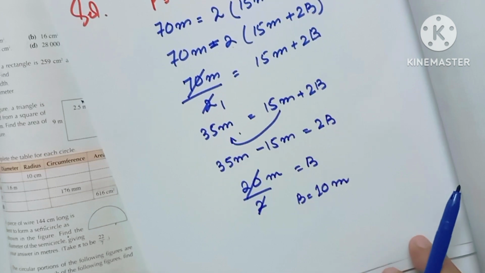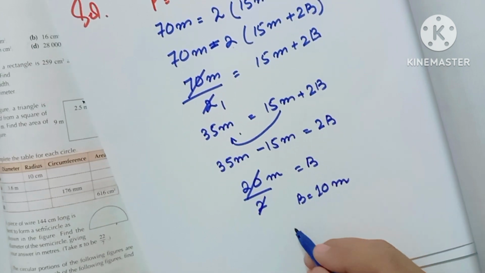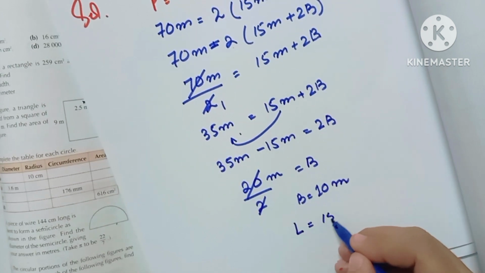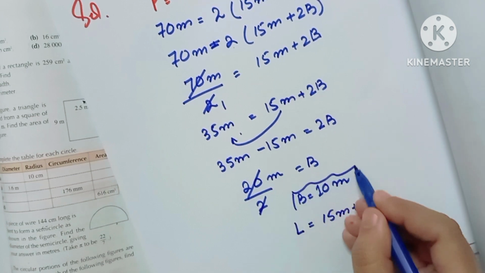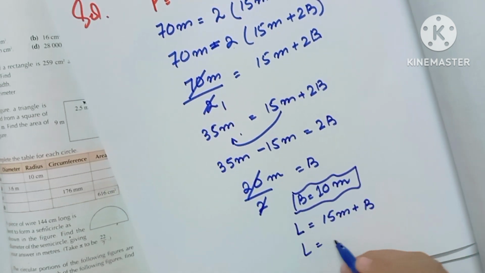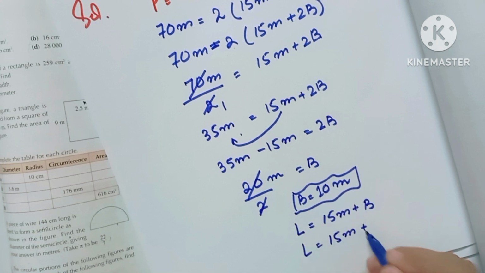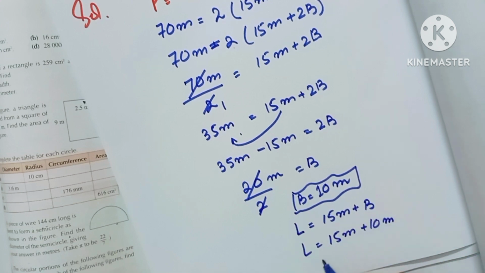Then what will be the L? L is 15 meter longer than its breadth. So L is equal to 15 meter plus 10 meter, so L is equal to 25 meter.